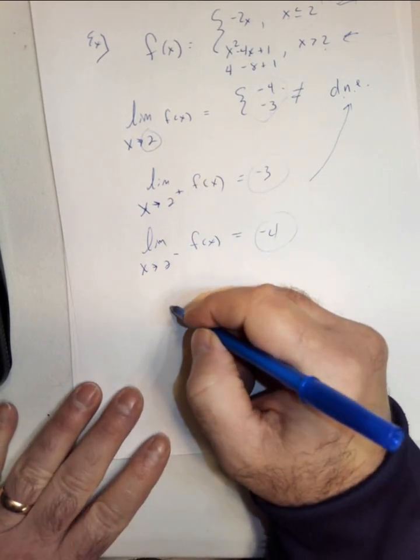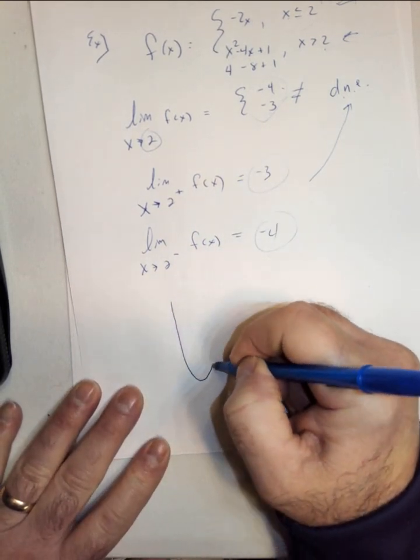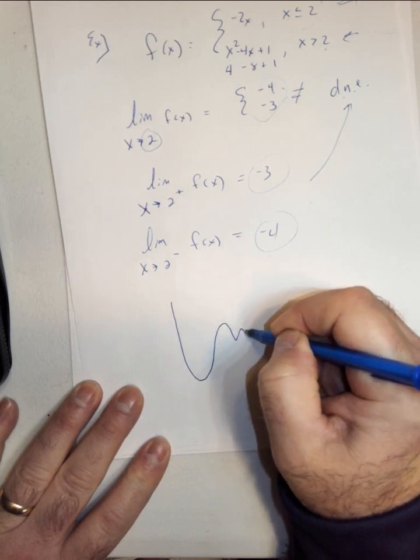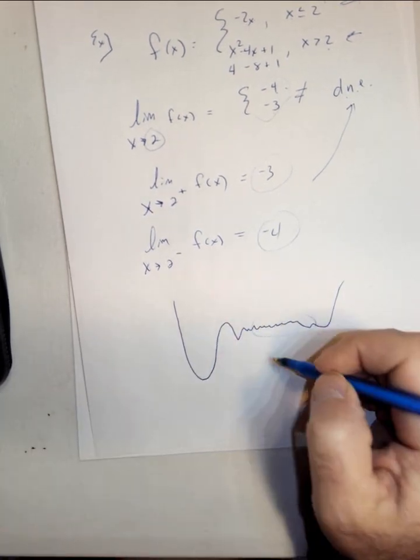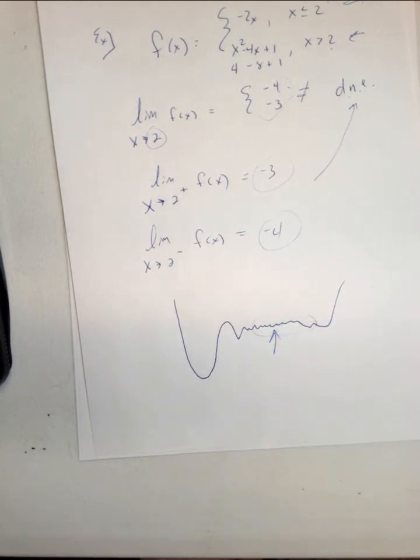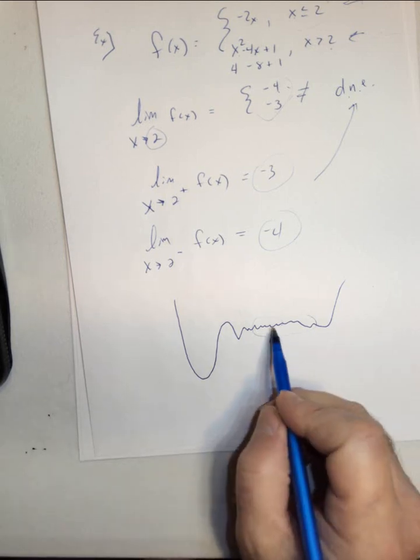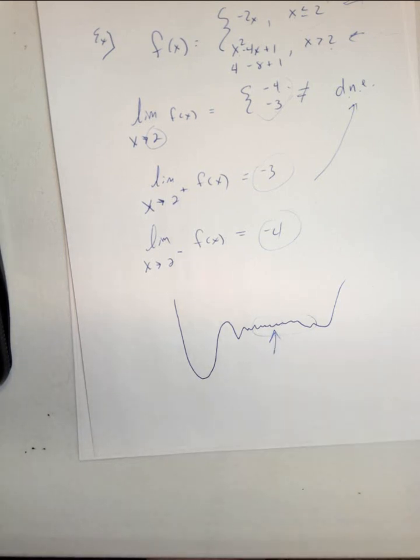Or sometimes graphs oscillate, right? So as you approach a certain value, they just switch back and forth between like 1, -1, 1, -1, or something close together. But if they never approach the same value, if they're just oscillating all the time, then there's no limit, right? Because they're not the same. They don't follow that same rule.